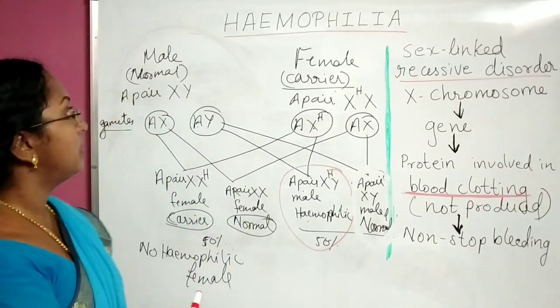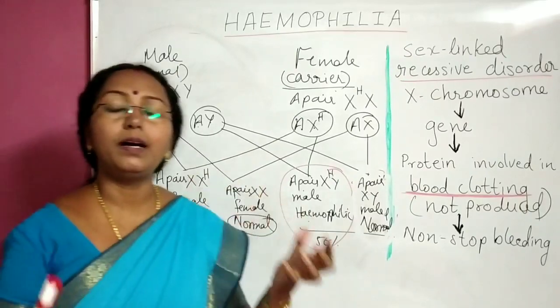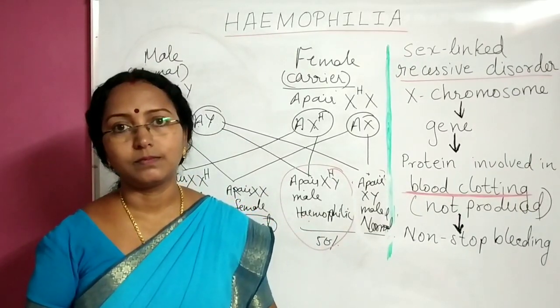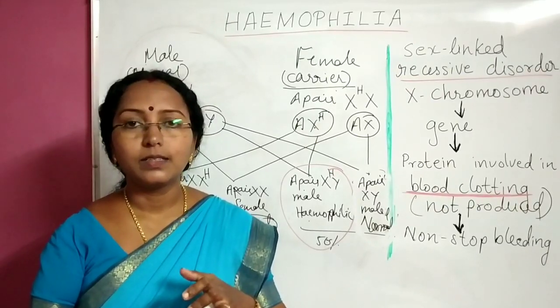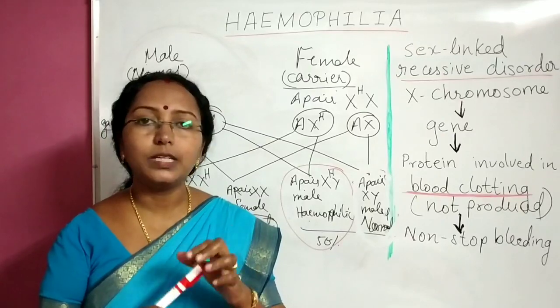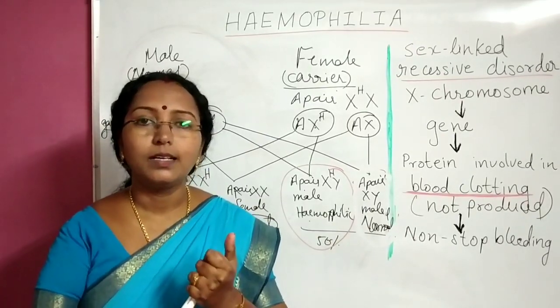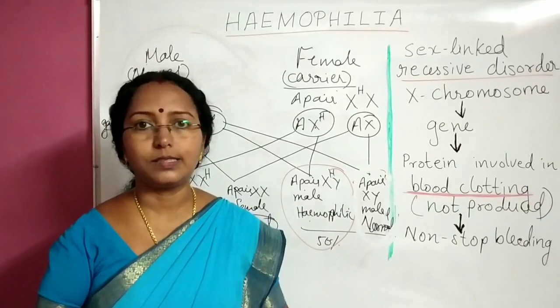Now third case, if both males and females, both of them are affected, then what will happen? Such a case actually doesn't exist because a haemophilic female cannot give birth to young ones.